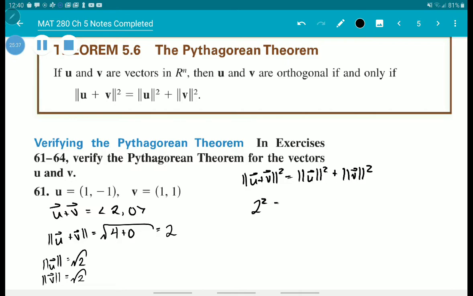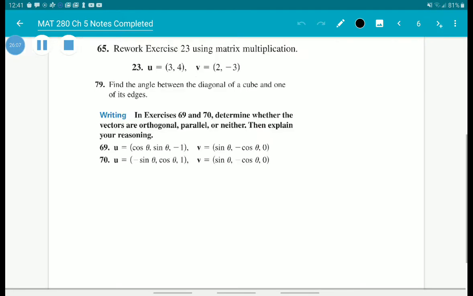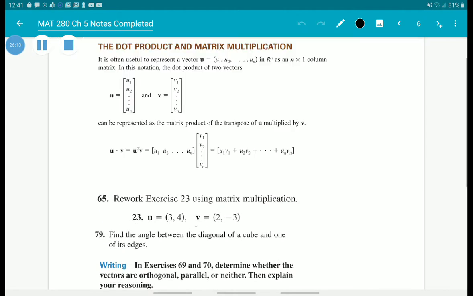Substitute in what I know. Square root of 2, quantity squared, is 2. And 2 plus 2 is definitely equal to 4. So that's just verifying that the Pythagorean theorem holds. Again, you usually see the triangle inequality, this version of the Pythagorean theorem, and the Cauchy-Schwarz inequality used in proving different things. So I just want to mention that they're out there in case you run across them.